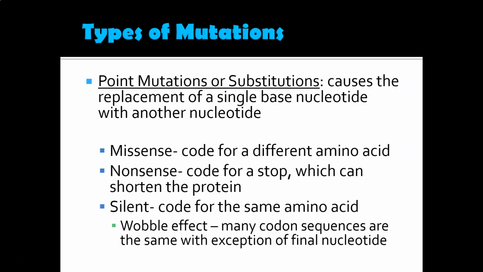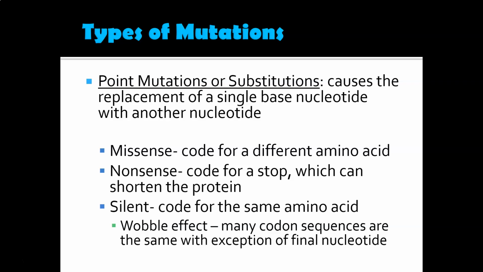It doesn't change the amino acid at all. That's what this wobble effect is. You've got more than one codon, so there's redundancy in our genetic code, which is probably a good thing from an evolutionary standpoint, because mistakes are bound to happen. If we have a way to not alter the final product even though we've made a slight mistake along the way, that's probably a good thing.